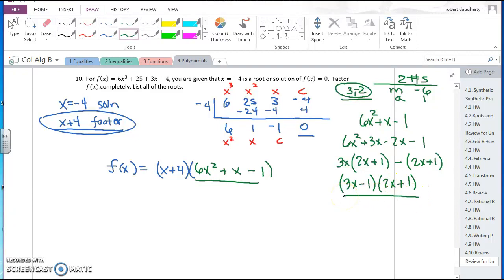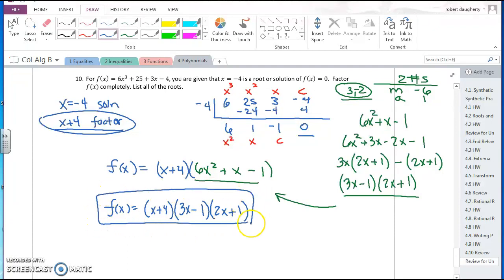So that tells me if I come back over to my problem over here, f of x is equal to x plus 4, and then 3x minus 1, 2x plus 1. So that answers the part about factoring completely. Now to list all of its roots.